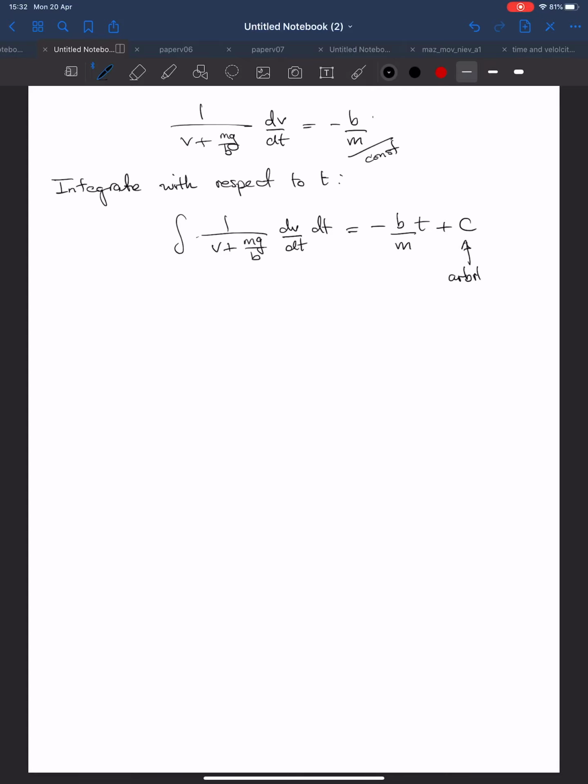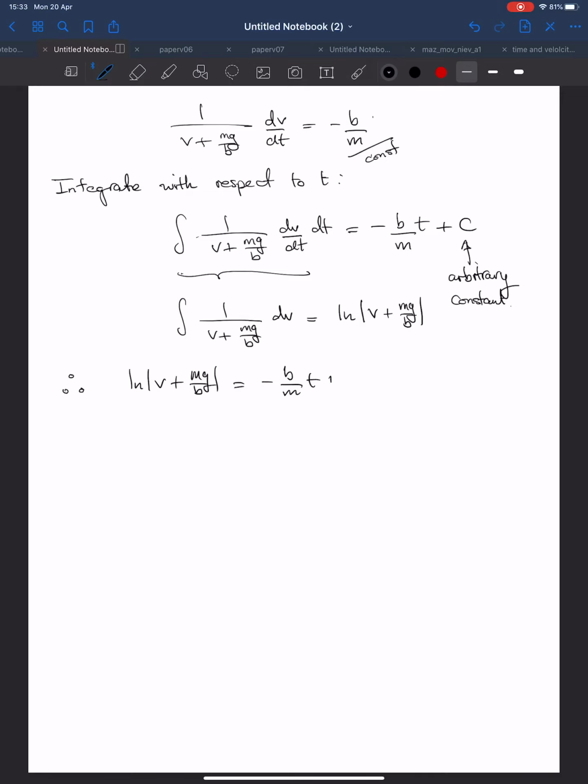So I can integrate this no problem on the right hand side, arbitrary constant, and we'll get this with the initial conditions later. And simultaneously on the left, this is just the integral of 1 over v plus mg over b with respect to v, which of course a standard integral gives you this. Therefore ln modulus of v plus mg over b equals minus b over m t plus c.